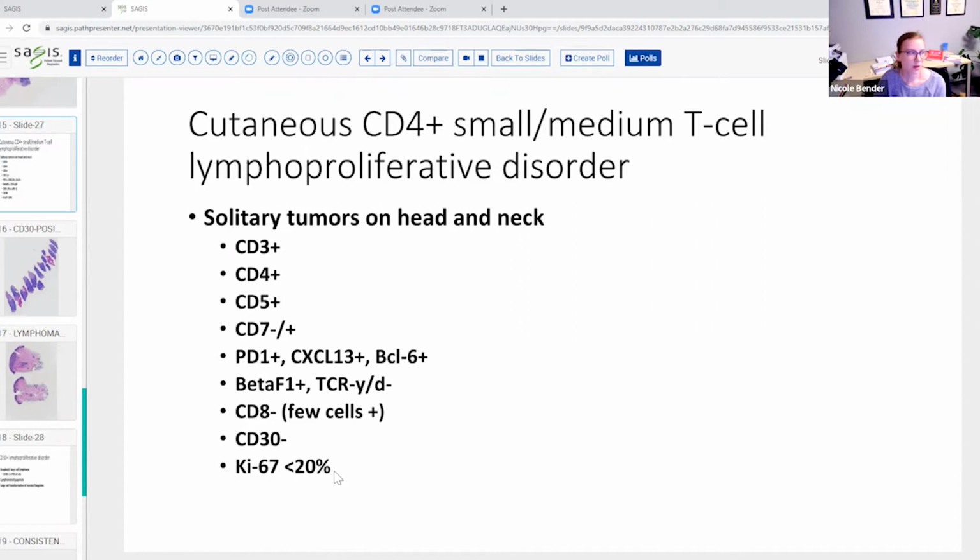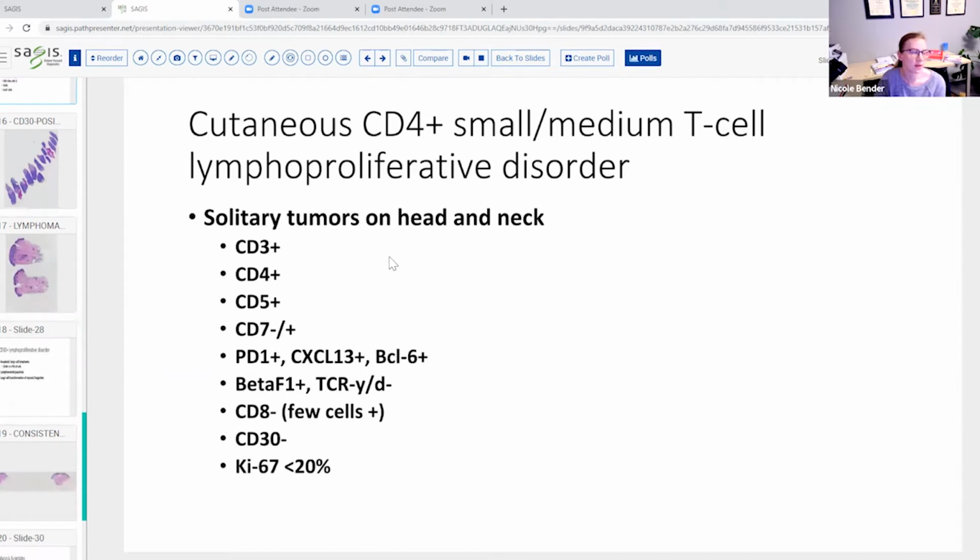And there should also be an admixture of CD20 positive B cells for this, but this is not very specific. It doesn't have specific architectural features or even really immunophenotypic features in a lot of ways. The clinical has to help guide you a lot in this, as it can be indistinguishable from mycosis fungoides, Sézary syndrome, and peripheral T-cell lymphoma, NOS. So you need a lot of information to get you to this diagnosis.